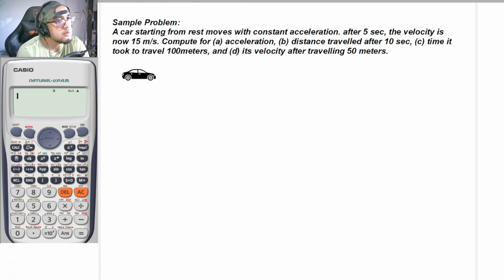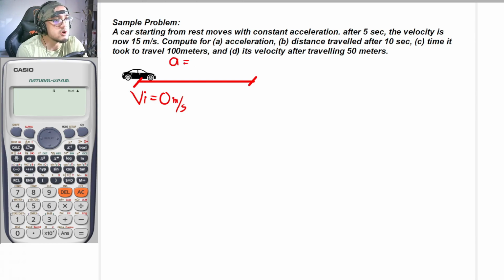So it is said in the problem that the car started from rest. It means that its initial velocity is 0 meters per second. And after traveling for a while, of course, it would be accelerating for it to move, so its acceleration is constant throughout the motion.